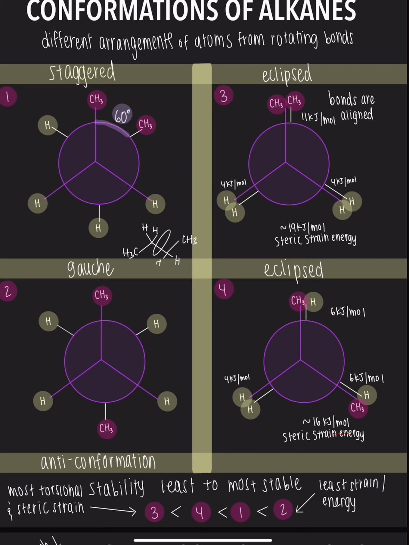I tried to draw it, but I'll highlight it. Going from here to here is least to most stable. Going from here to here is from the least strain to the most strain.